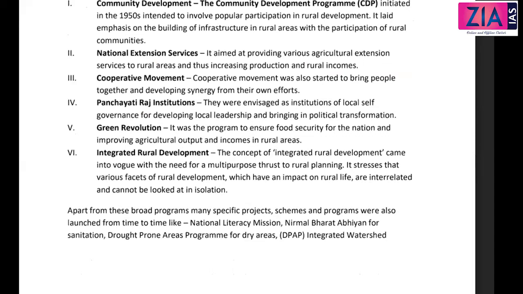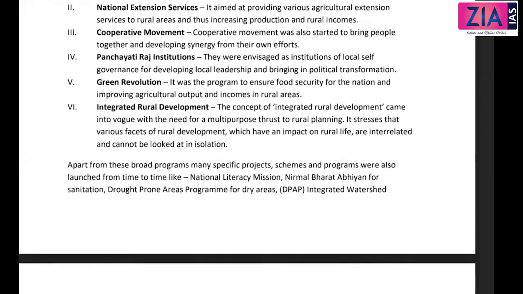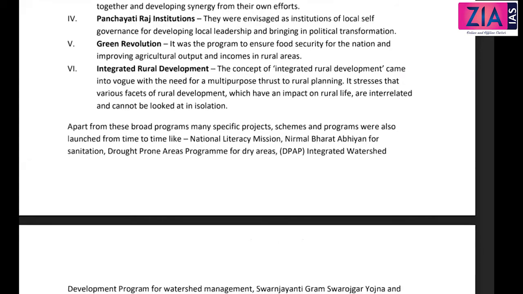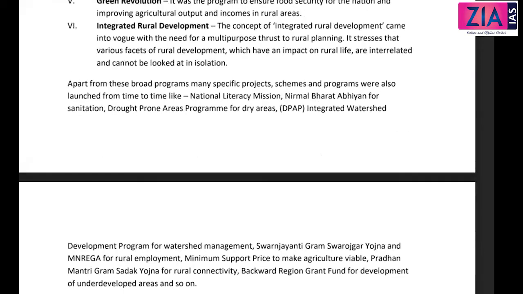Okay, now which article, which constitutional amendment? The 97th constitutional amendment made it a fundamental right. Right, you can form cooperatives. It is a fundamental right. Panchayati Raj institutions, 73rd and 74th Amendment, the main decentralization, right? And then Green Revolution, integrated rural development.